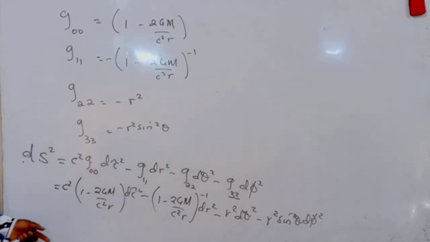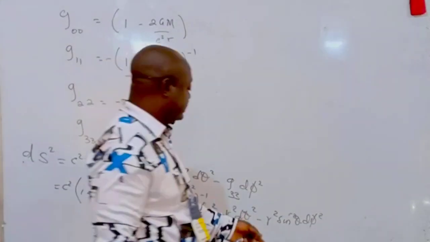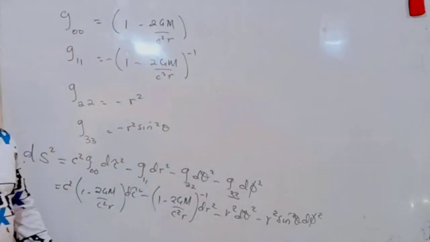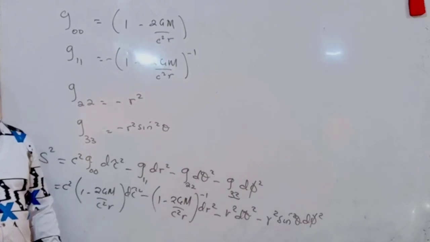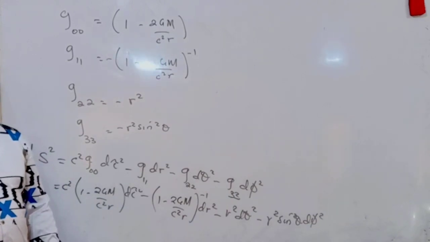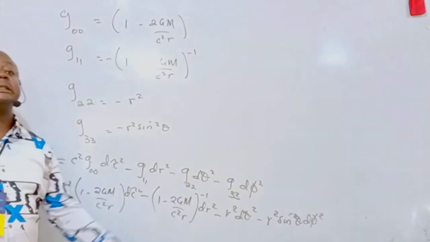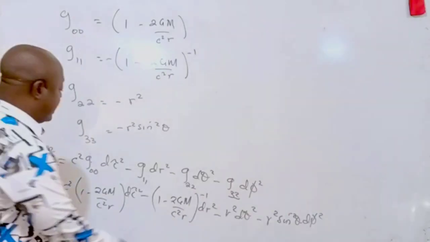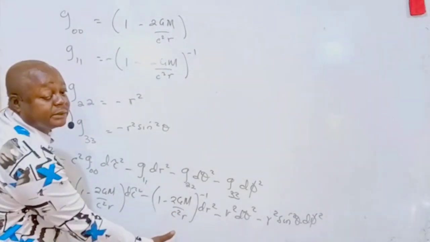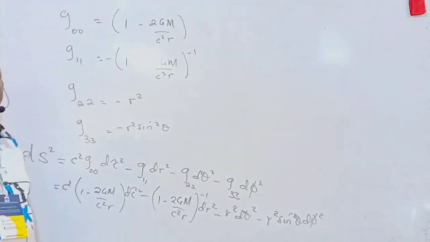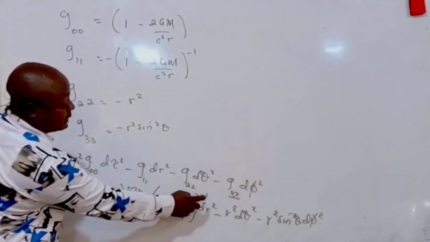If you look at this line element, you will discover that there's a possibility of a singularity. If you look at the second term, this term is at the denominator, because of the minus 1.